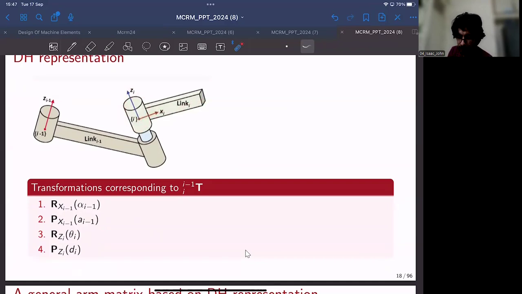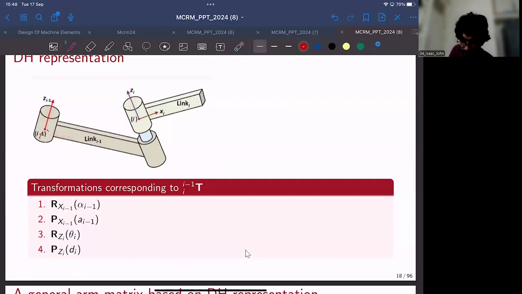So how do you communicate the whereabouts of this frame with respect to this frame? You do that by this DH transformation. First you try to align Zi minus 1 and Zi along Xi minus 1.